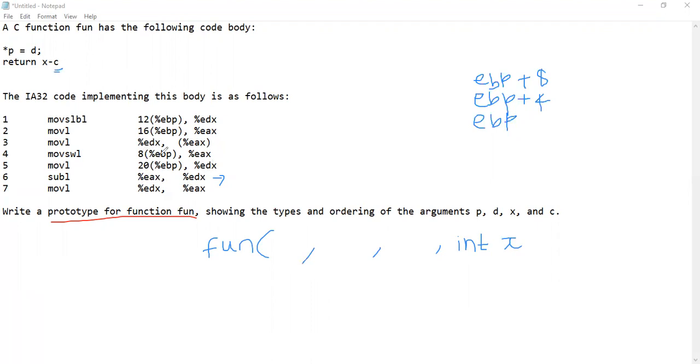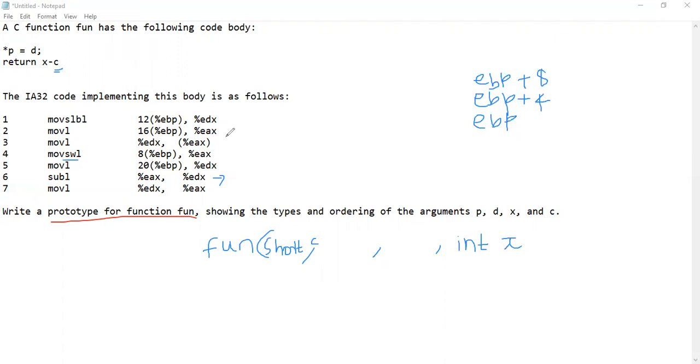EAX is 8 plus EBP, which is the first argument. But we have movsw. S means sign, W means short. So this is a short type, short c. So the first argument is of type short. We're done with that.